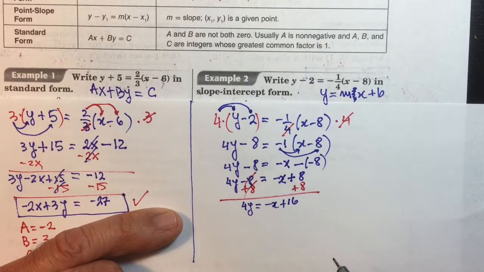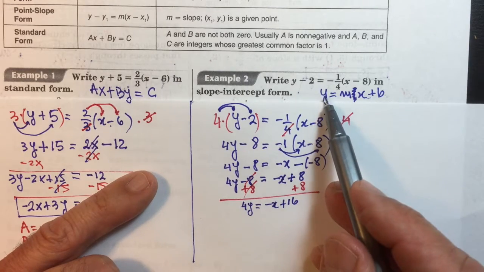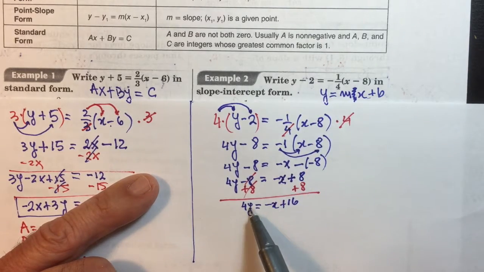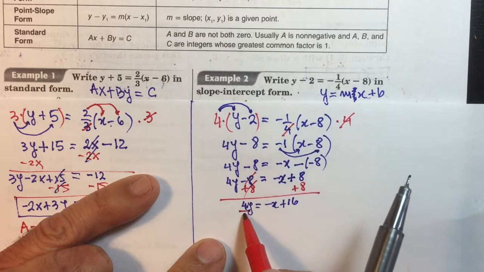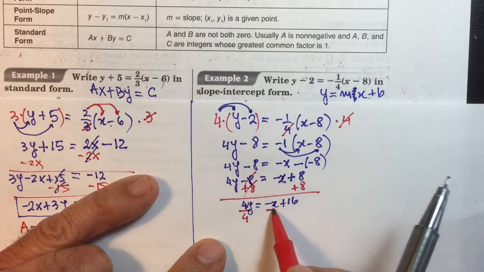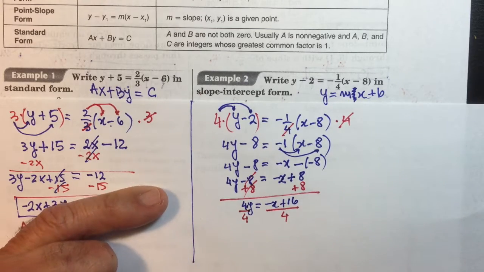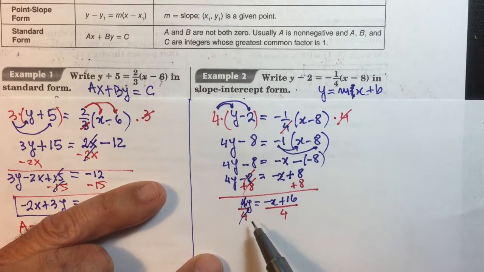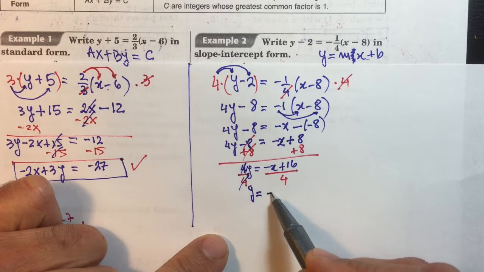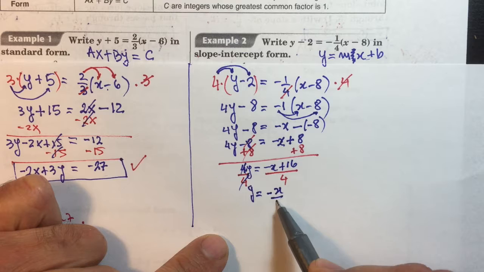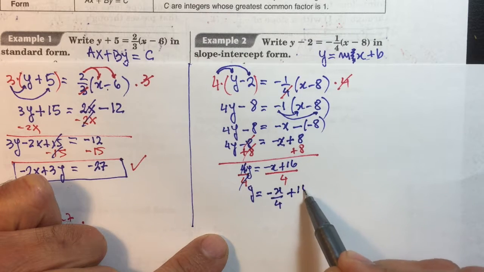Very good. Now it's not there yet because the y is alone, and in here the 4 is multiplying the y. So what I'm going to do, divide by 4 and divide by 4. This goes away, and I have that y equals negative x over 4 plus 16 over 4.